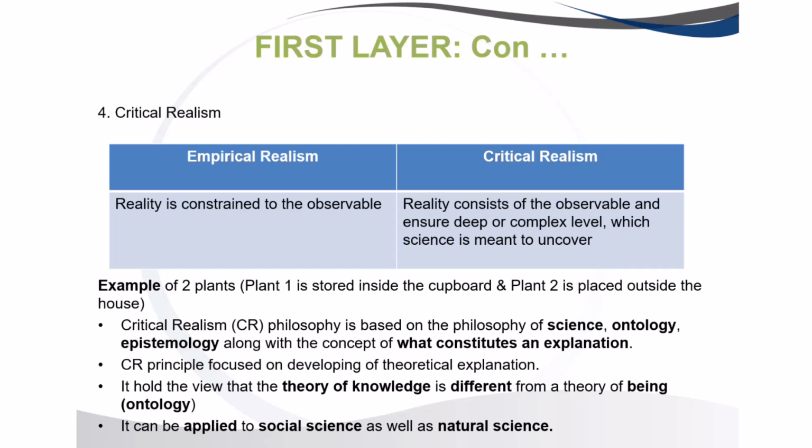But if you look at critical realism, the philosophy is based on the philosophy of science, ontology, and epistemology, along with the concept of what constitutes an explanation. It also focuses on developing theoretical explanation. It holds the view that the theory of knowledge is different from a theory of being. Think about that one.